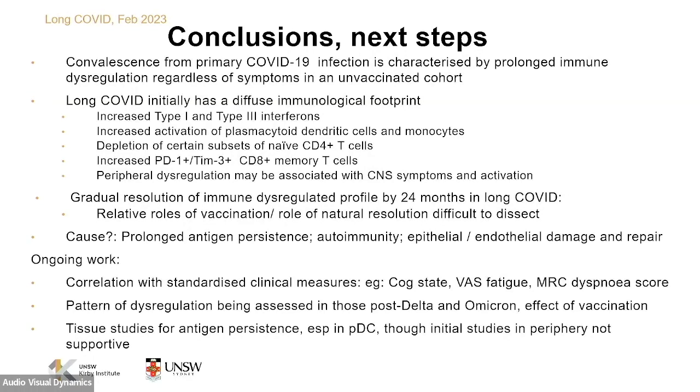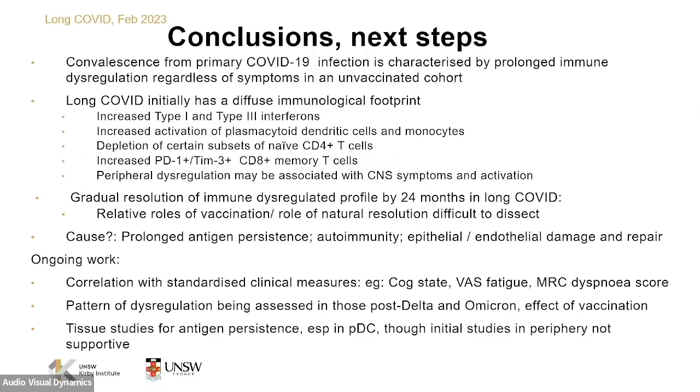I didn't show the data, but there's increased expression of PD1 and TIM3 exhaustion markers on CD8 T cells. And there also seems to be a correlation between the levels of the interferons and CNS symptomatology. Again, I didn't have time to show you that data.